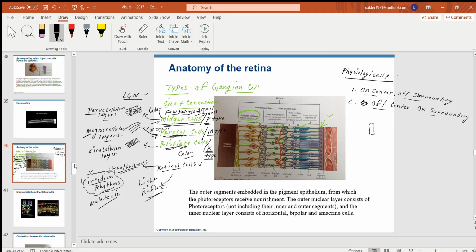the photoreceptors. Let's see how they work through the rods. As you know, rods and cones, they are activated differently, but the signal transmission is same. So these are the rods.